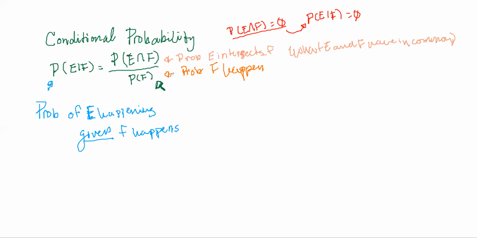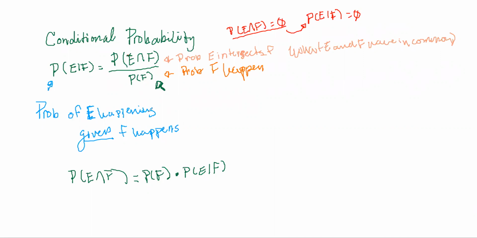In addition, they talked about a theorem on page 425 called the product rule, which is basically just shuffling the stuff around. It's the probability of E intersecting F being equal to the probability of F times the probability of E given F. This is basically just the algebraic shifting around of the pieces of that equation.